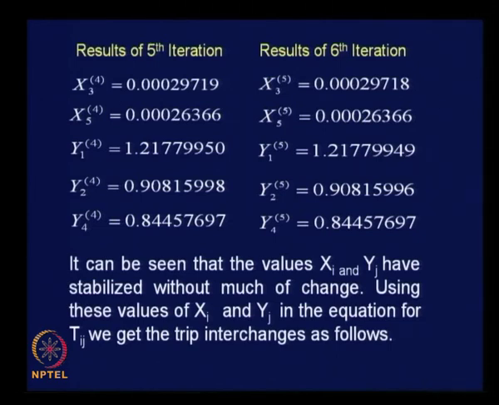Okay. Using these values of xi and yj in the equation for Tij, we get trip interchanges as follows.